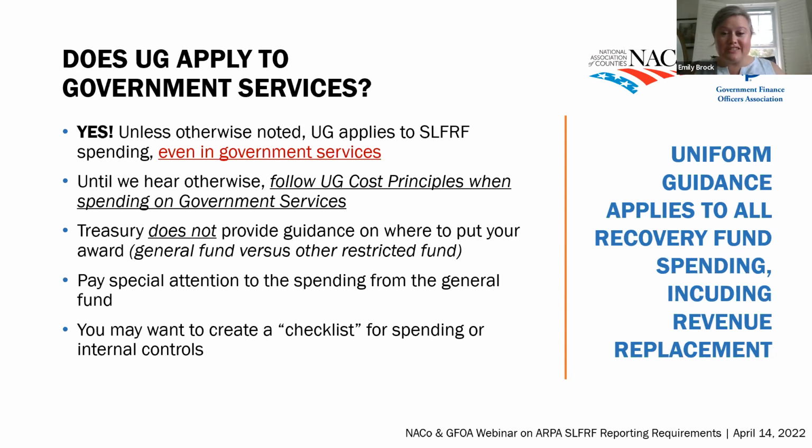Some checklists I've seen have been very sophisticated, large and long, and some are very short, like, hey, come and talk with us because we want to make sure everyone has a universal understanding of this. You can find a couple of examples on GFOA's website on how to make sure the checklist can apply to your organization.